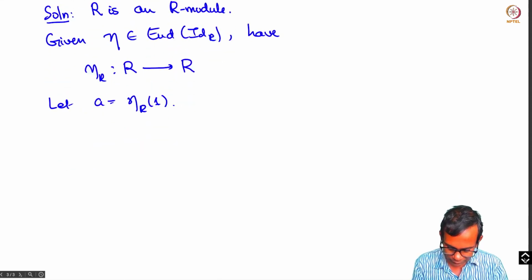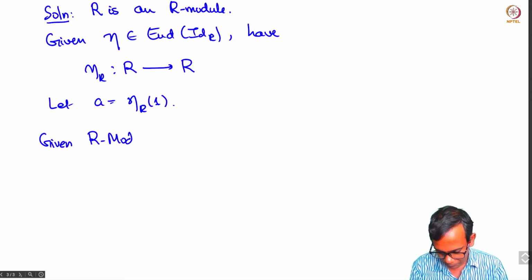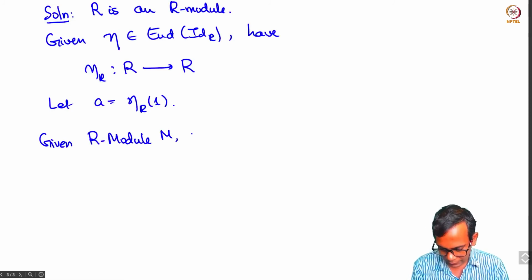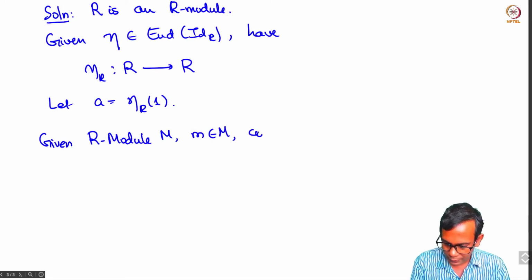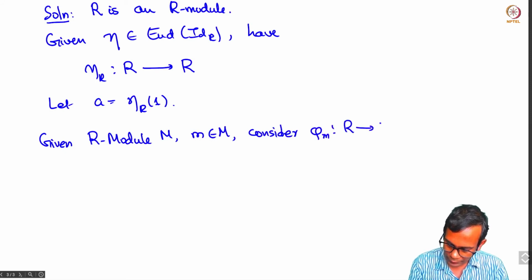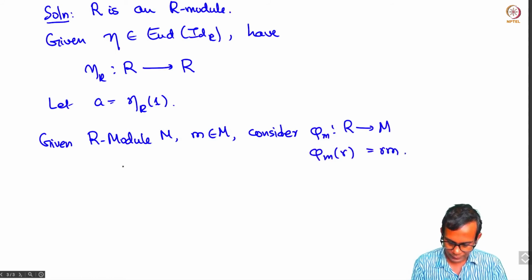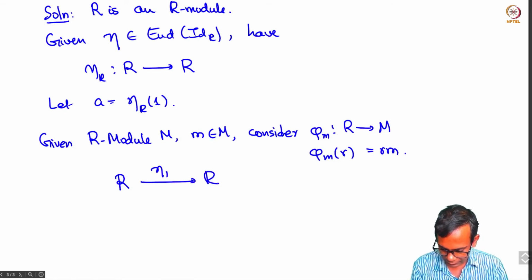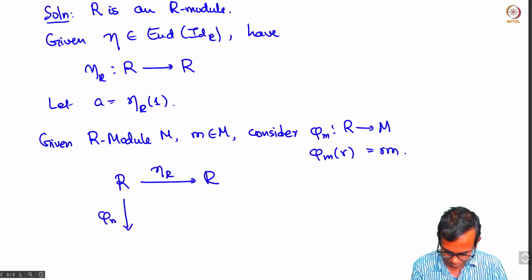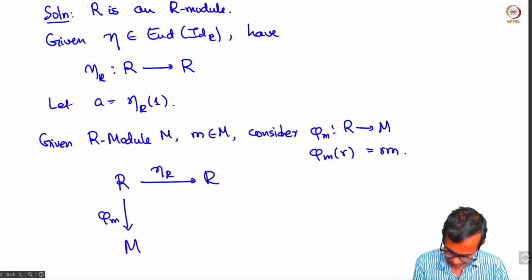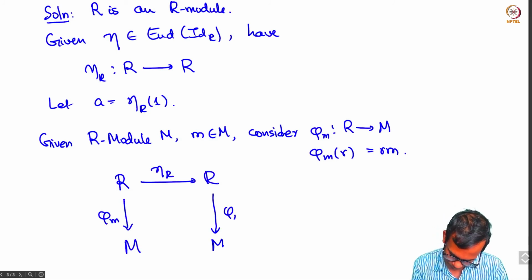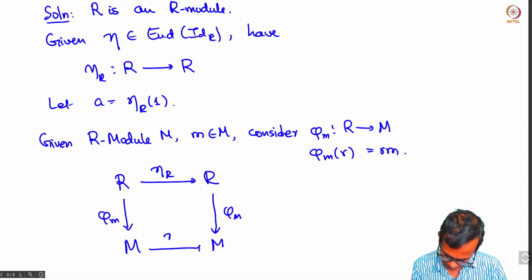Why is that? Well, just as before, given any R module M and any element m in M, consider the R module homomorphism phi_m from R to M given by phi_m of r equals rm. And now we have this commutative diagram: R to R by eta_R, R to M by phi_m, R to M by phi_m, and M to M by eta_M.